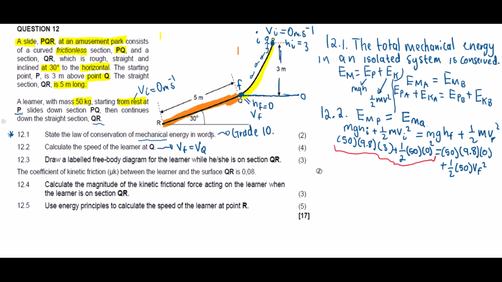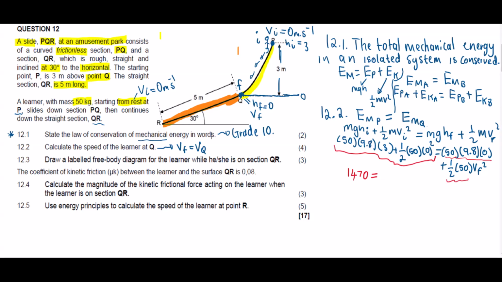The answer, if you use that one, is going to give you 1470 for that. And on the right, this one will just give you 0, and then you'll get 0 plus half of this one.